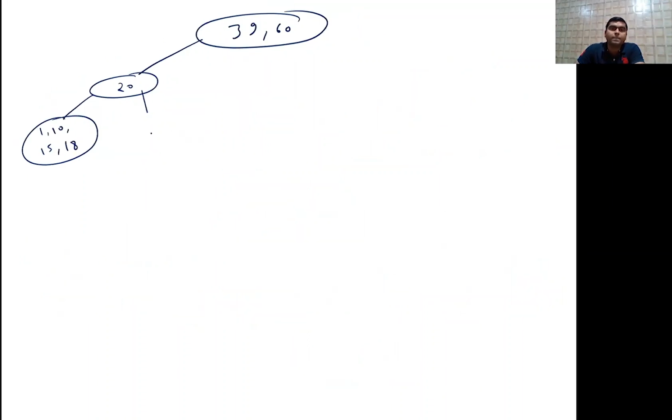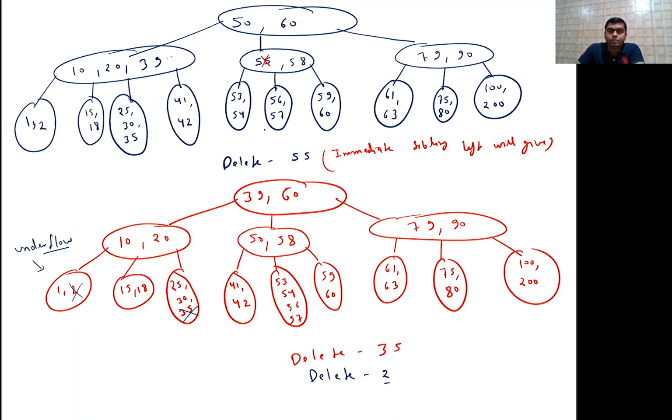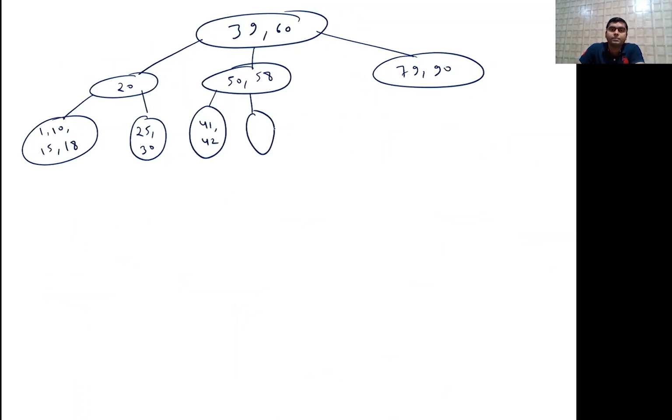In between, two elements, 50 and 58, and right side also two elements, 79 and 90. And before 50, 41 and 42, and between them four elements, 53, 54, 56 and 57.